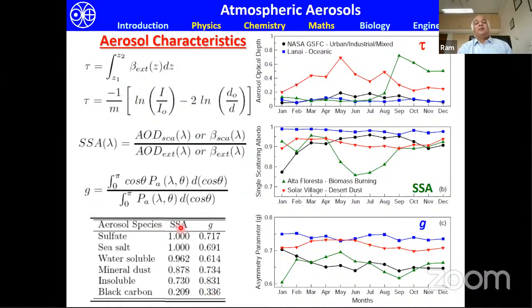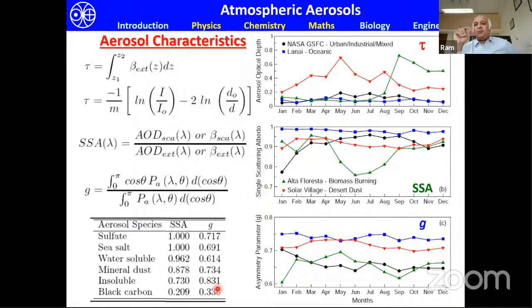So you can see the single scattering albedo is a perfect 1 for sulfate and sea salt, while black carbon is the single largest absorber of solar radiation in the Earth's atmosphere. In a similar way, the asymmetry parameter is the measure of the angular distribution of the scattered radiation. For particles that are bigger in size, for example mineral dust or sea salt, the G values are higher when compared to black carbon, which is mostly in the fine mode, small size particles.